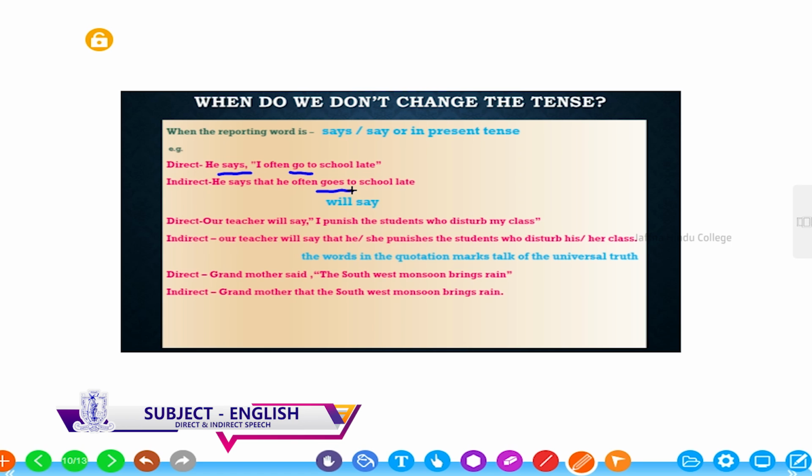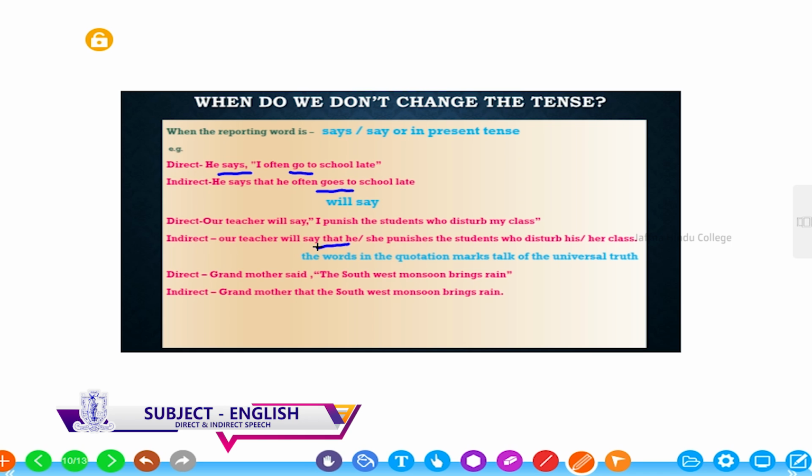If the reporting verb is in future tense, our teacher will say, I punish the students who disturb my class. Our teacher will say, remove the comma and the inverted commas and put that. The teacher may be he, it is a neuter gender, so it may be he or she.